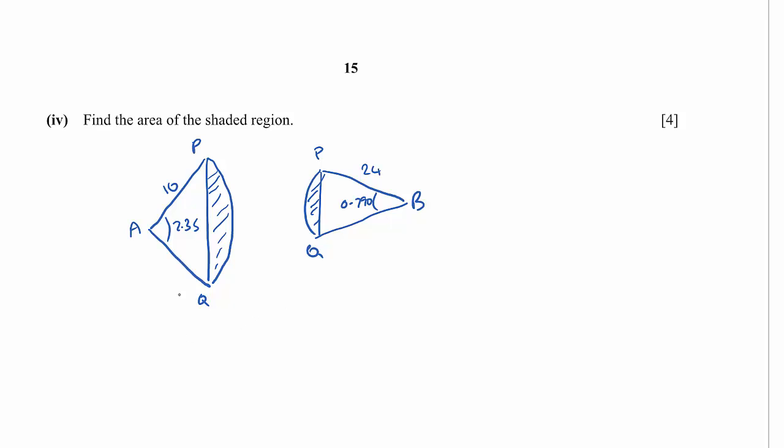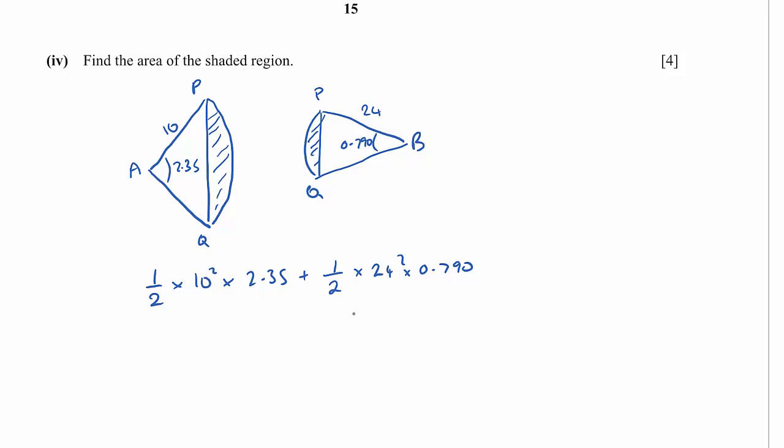So for the first sector, we're going to have a half times 10 squared times 2.35, and then for this sector we'll have a half times 24 squared times 0.790, and then we've got to take away the triangles.